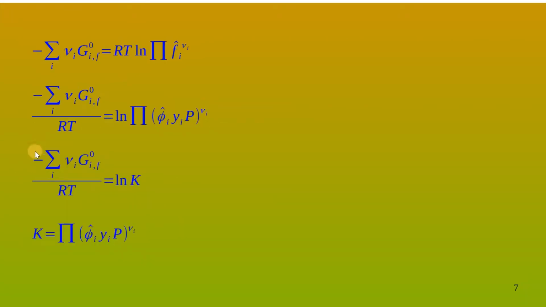Now concentrate on the equation here. ln K is a number. Now on the LHS you have summation nu i GiF0, where 0 indicates that this is the Gibbs free energy of formation of the species i at a pressure of 1 atmosphere and the temperature of the reaction. And of course, in the denominator you have the universal gas constant R and the temperature of the reaction. So this makes K only a function of the temperature.